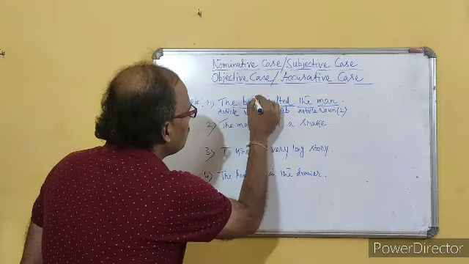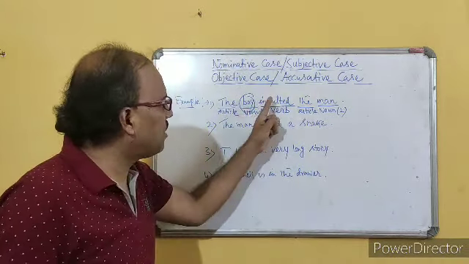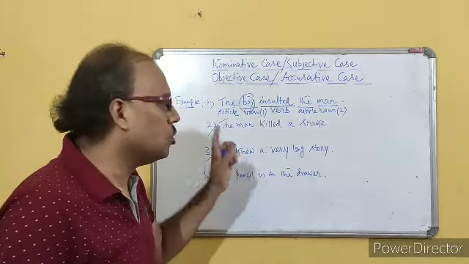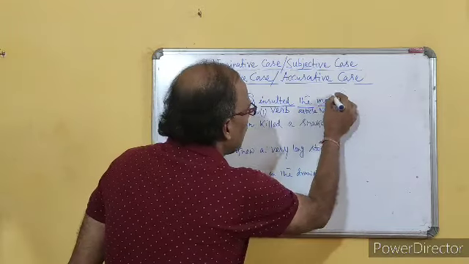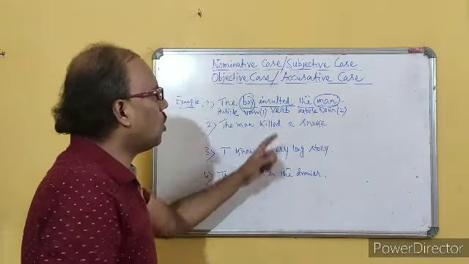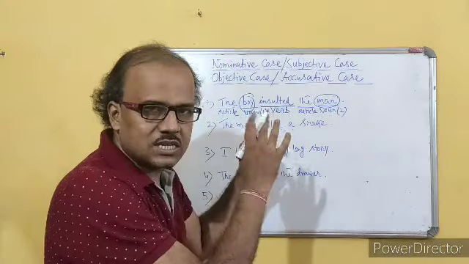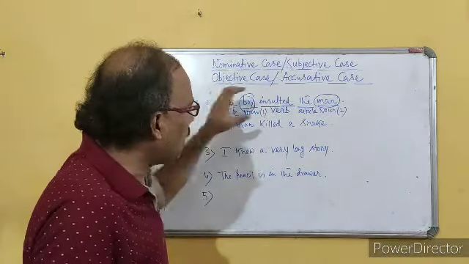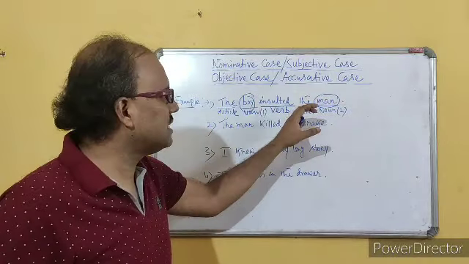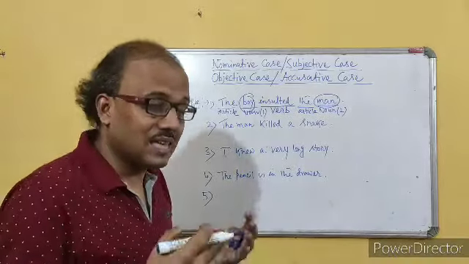When this noun boy is the subject of the verb insulted, it is nominative case or subjective case. When this noun man is the object of the verb insulted, this is the objective or accusative case.